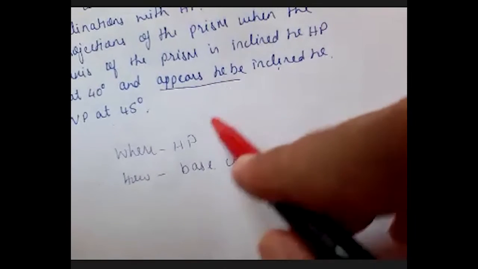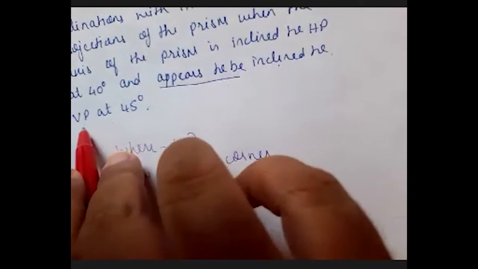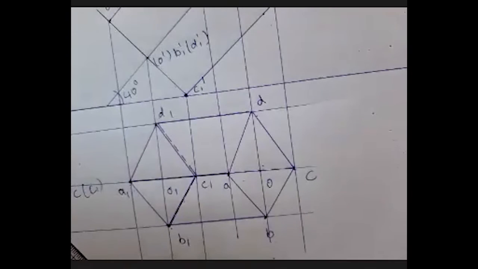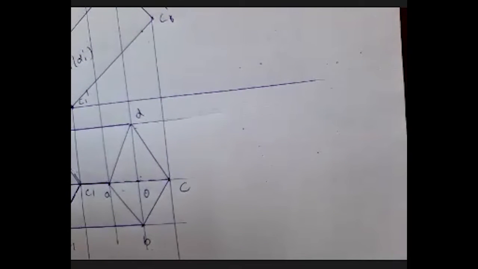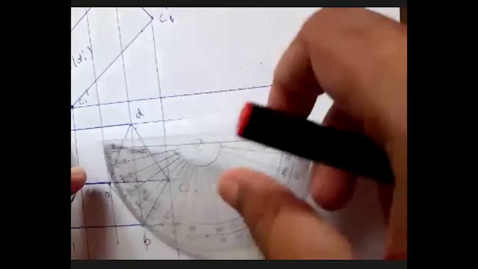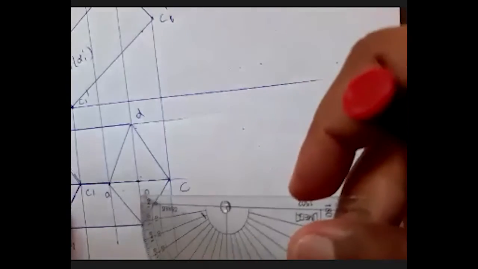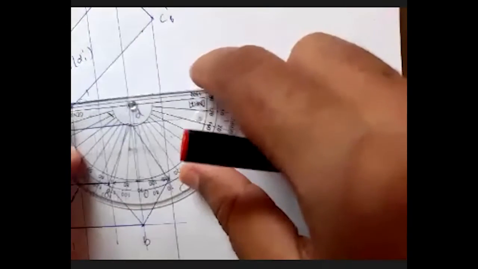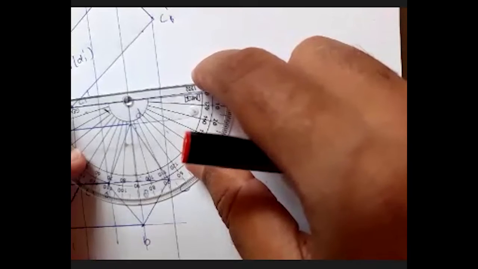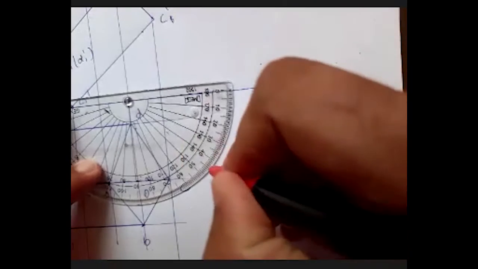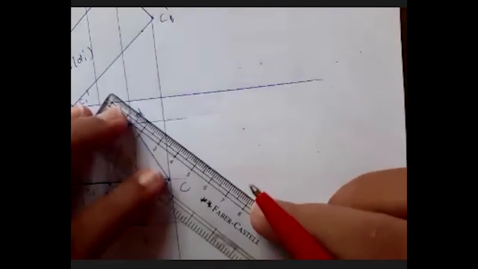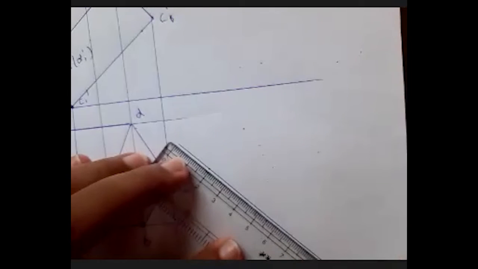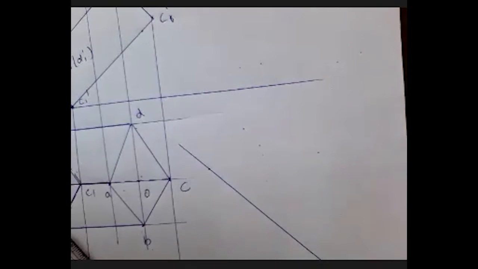When it is "appears to be", whatever axis is there, I'm going to rest it on the 45-degree line. So what I'm going to do is draw a 45-degree line here and place this O1 on this 45-degree line.